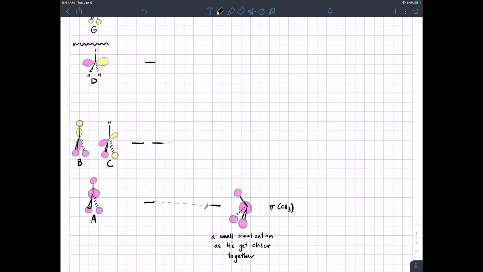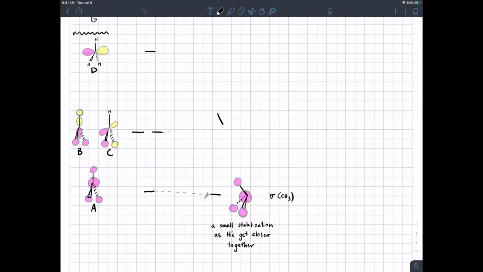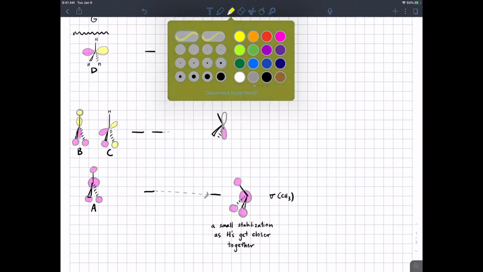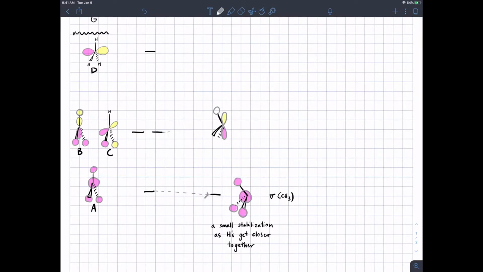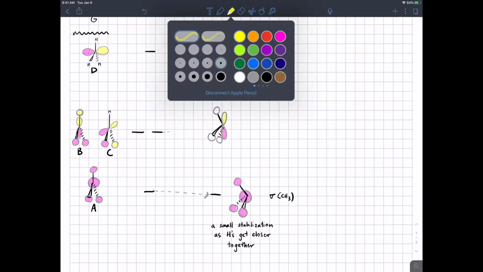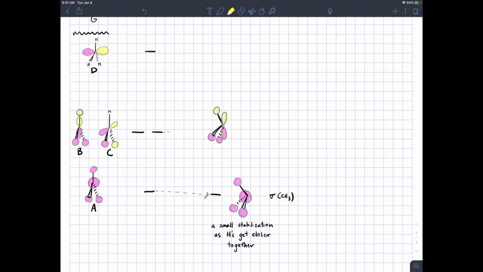Okay, let's think about how the distortion to pyramidal is going to change these orbitals B and C. I'll start with the distorted B. There's my p orbital on carbon, and then I'm going to have 1s orbitals on each of these hydrogens, and it looks to me like the overlap is not quite as good, because whereas before the p orbital on B was oriented right in between those two 1s orbitals, over here they're not directly end-on.